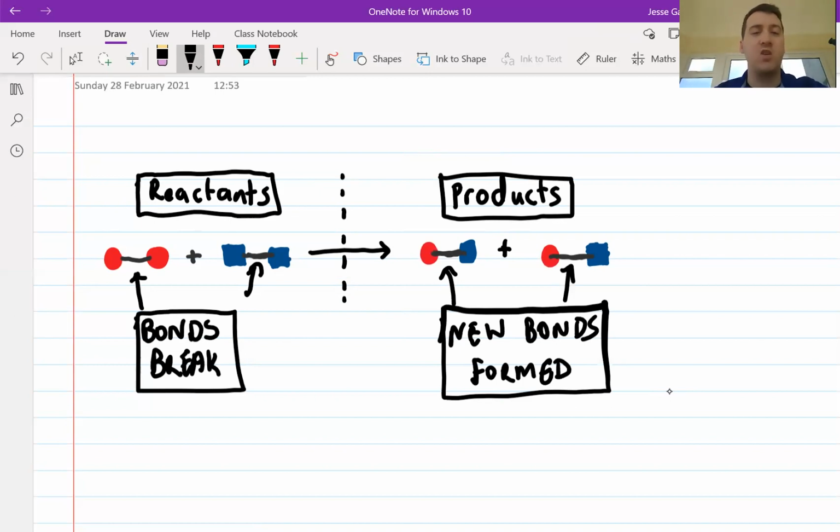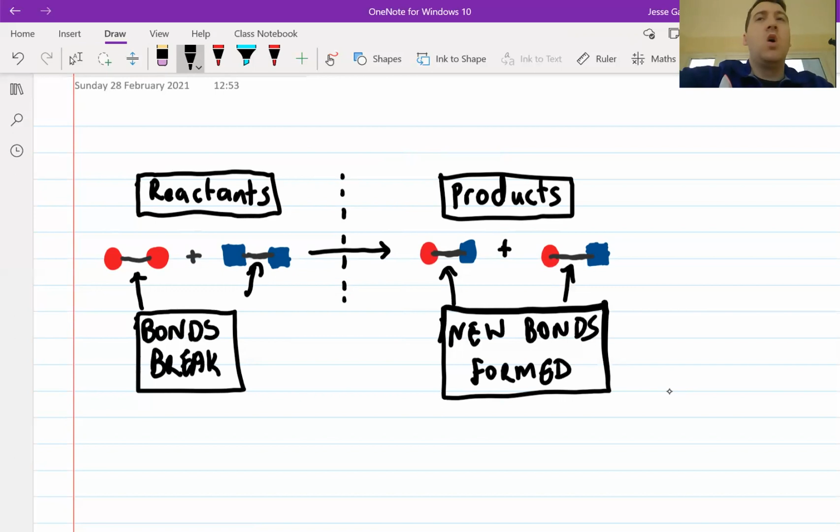There are no green triangles here that weren't there at the beginning. Nothing new is made, and nothing is destroyed. All the atoms that were there in the beginning are also there in the end. So very simply, this is what's going on in a chemical reaction. That's a quick overview of what actually happens: reactants reacting together, bonds breaking, and then the atoms rearranging into a new structure to form products.